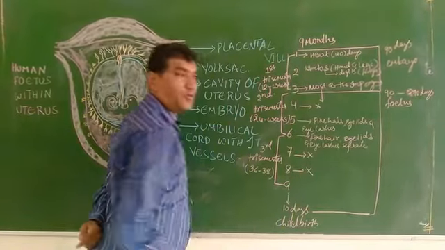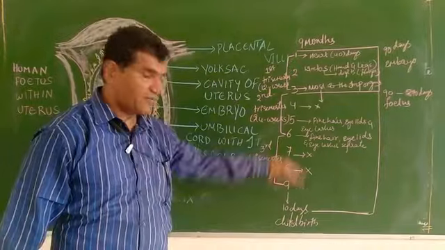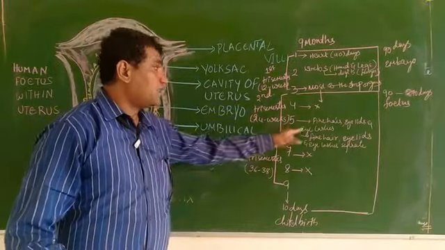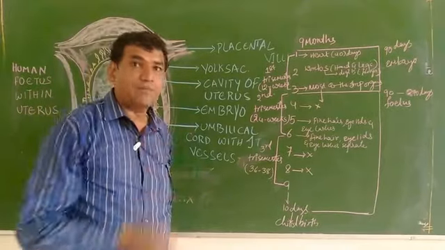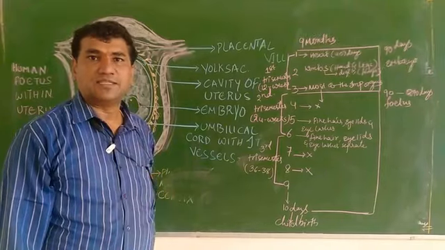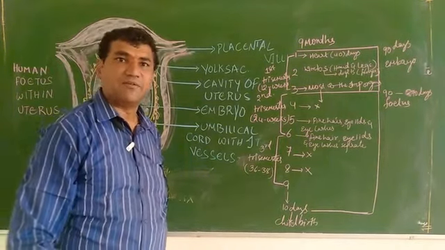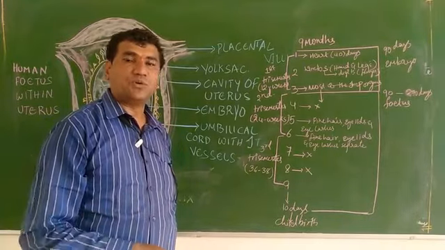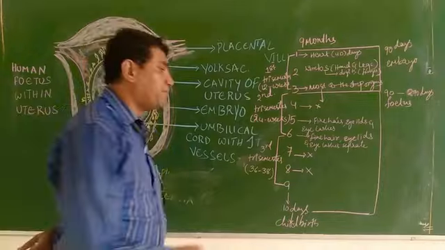In the 8th month also there are no major changes, but whatever has been formed continues. Generally, some premature babies can be born in the 7th month. In the 8th month the baby is also completely developed, but some organs may be undeveloped.